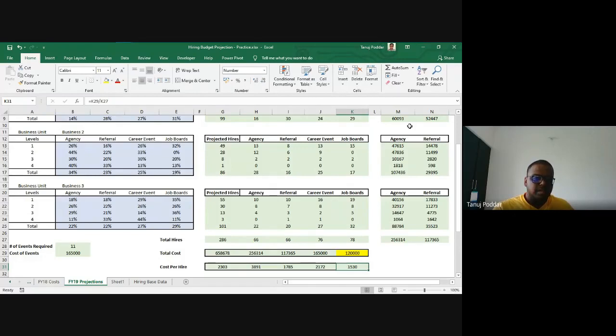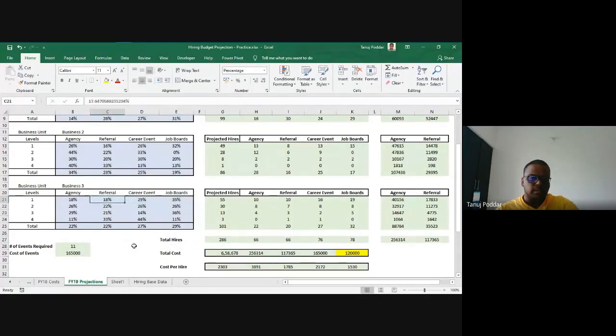So now this gives me an idea of the values that I want to hire for. Okay. Now I get the total cost, about 65 lakh, 6,58,678. Right? Now I want to look at what I can do to improve this.